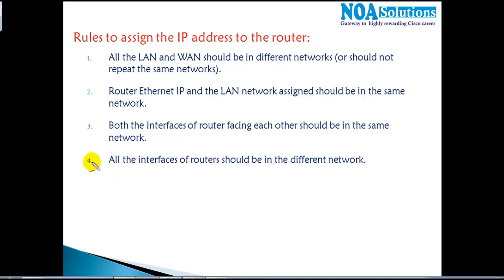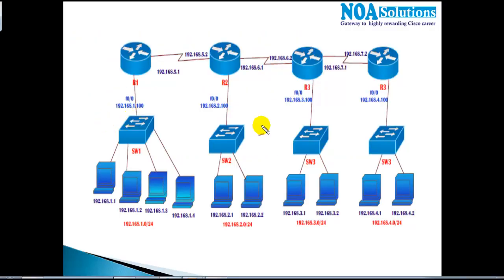And the final rule says that all the interfaces of the router should be in different networks. So once we configure with these 3 rules, automatically the 4th rule is going to be satisfied. And it says that on the router, if I have 3 interfaces, all the 3 interfaces must be on different networks. Like here I'm using 192.168.5 dot network, 192.168.6 dot network here, and 192.168.2 dot network here.